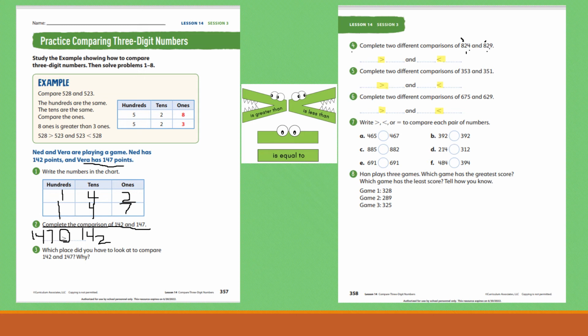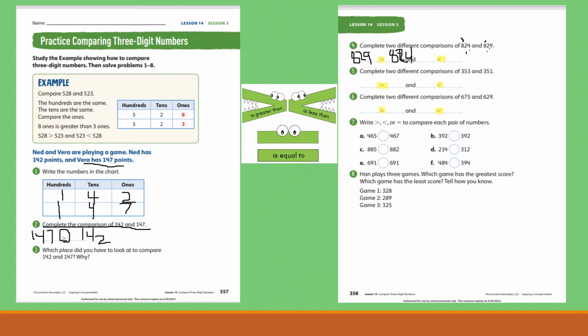So I'm going to put the 829 here, and I'm going to put the 824 here. I know that looks goofy, but that's all right. All right. And that reads 829 is greater than 824.